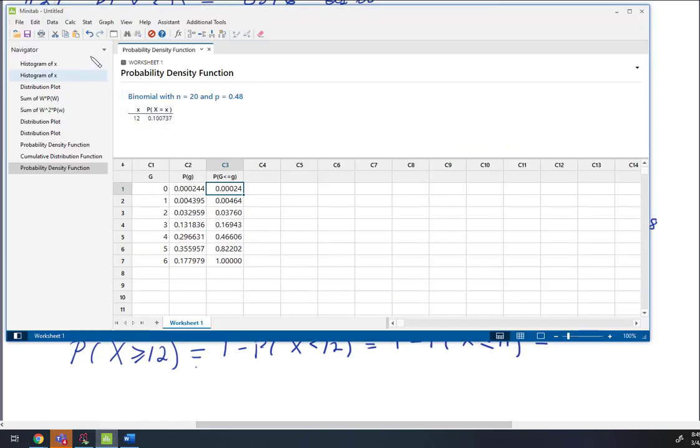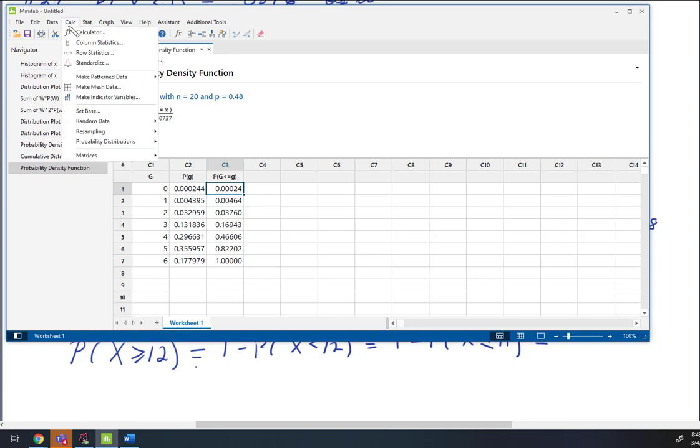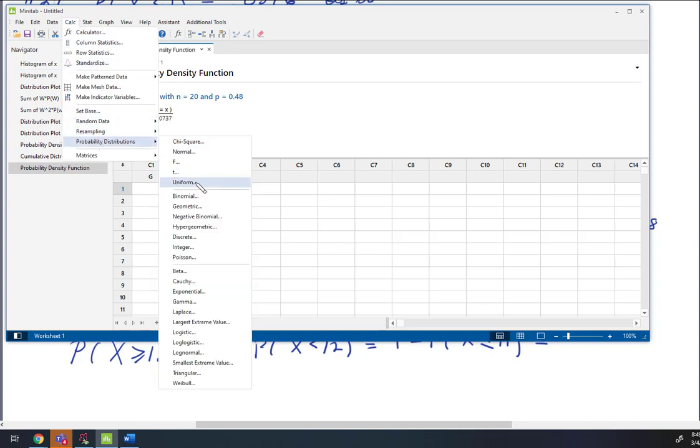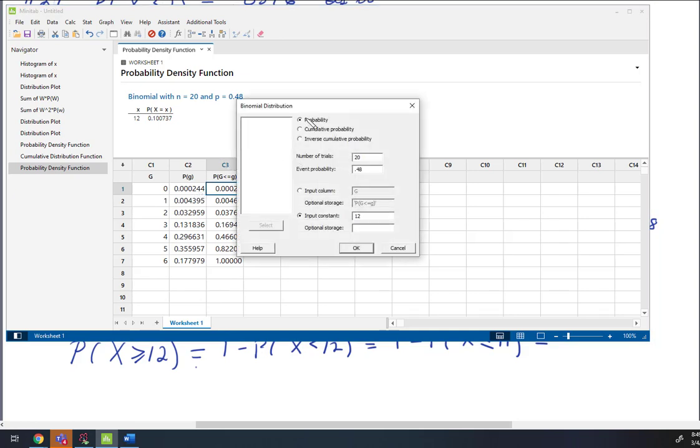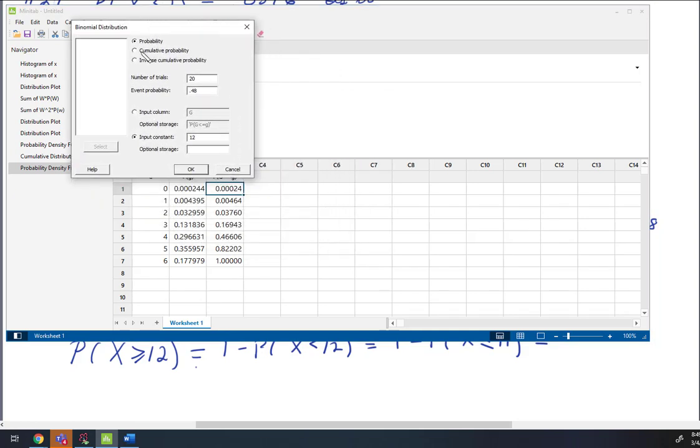and let's ask Minitab to calculate for us probability distributions, binomials, and I want the probability that x is less than or equal to, that's going to be a cumulative probability, less than or equal to 11. Now let's just double check that we've got everything else right.